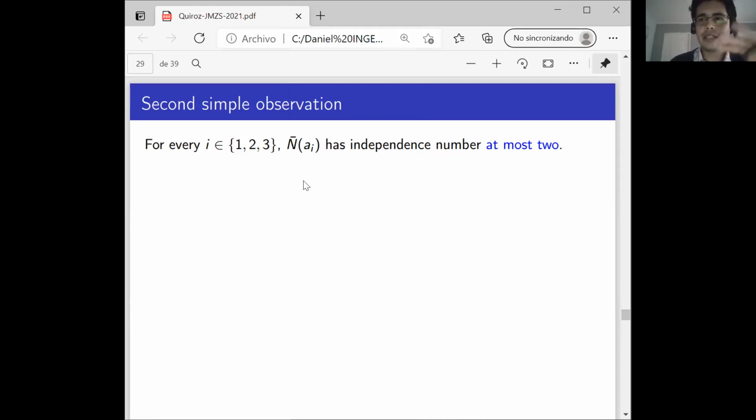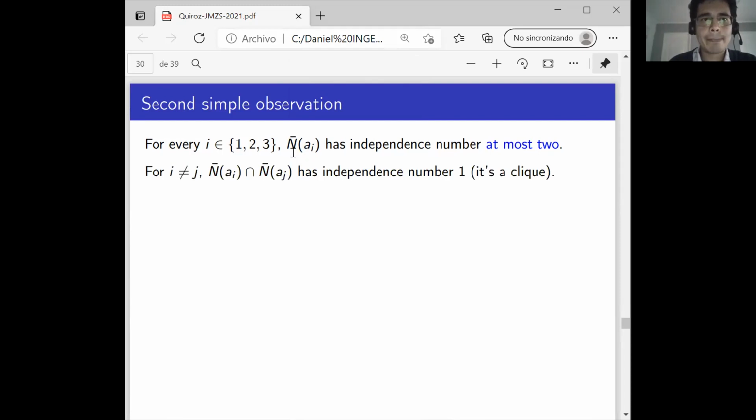Well, if it had independence number 3, then you would have an independent set of size 4. So that cannot happen. And the intersection of any 2 non-neighborhoods has independence number at most 1. So it's a clique, by the same reason.